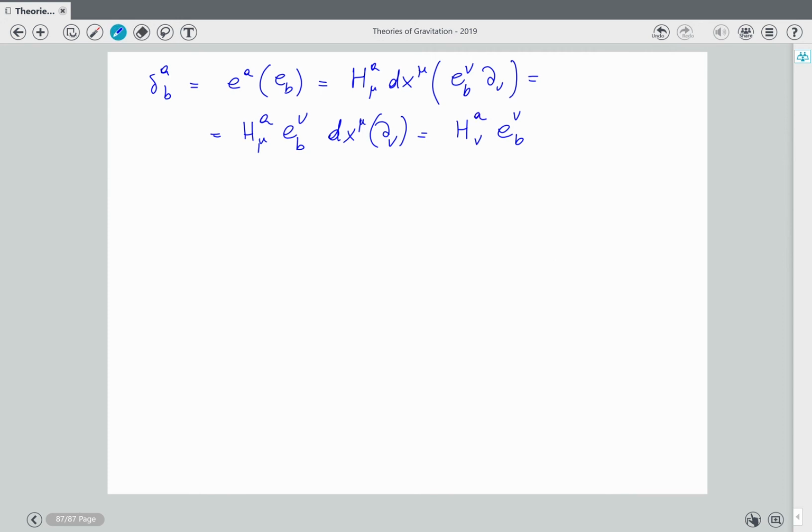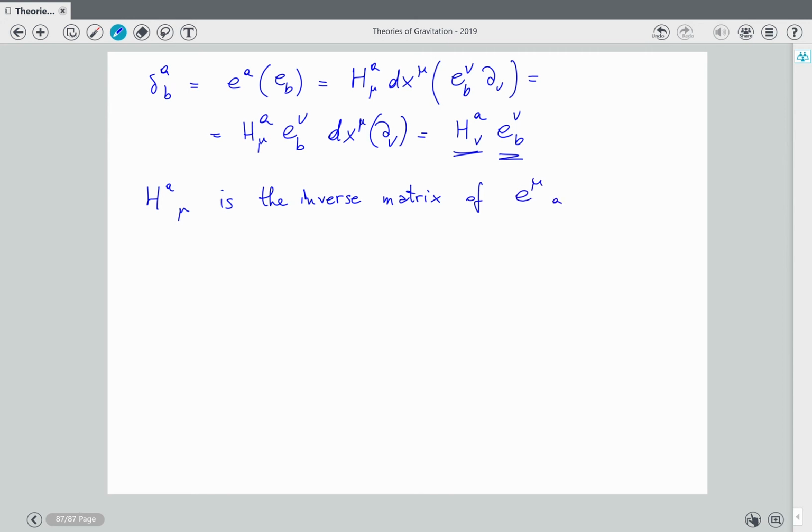So we have this relation which just tells us that H are the inverse of E. So that means that H A mu is the inverse matrix of E A mu.